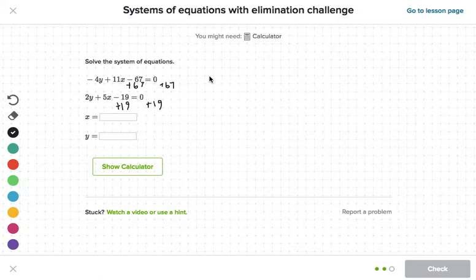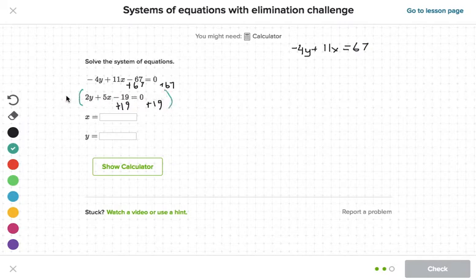Okay, that's going to give us, starting up here, negative 4y plus 11x equals 67. And before we do this other one, we're going to multiply times 2 as well. We can see right away that it's going to do the same thing. It's going to give us 2y plus 5x equals 19.